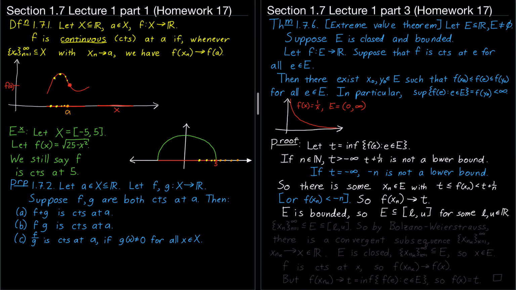And that means that our sequence of xn's that's contained in E is contained in [L, U]. So we know any sequence of points in a closed bounded interval, by Bolzano-Weierstrass, has a convergent subsequence.